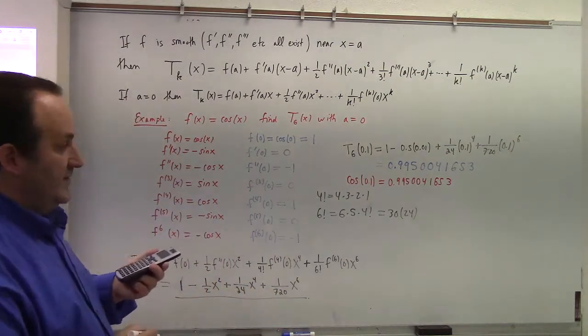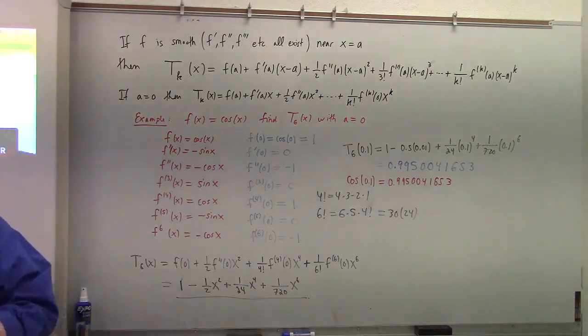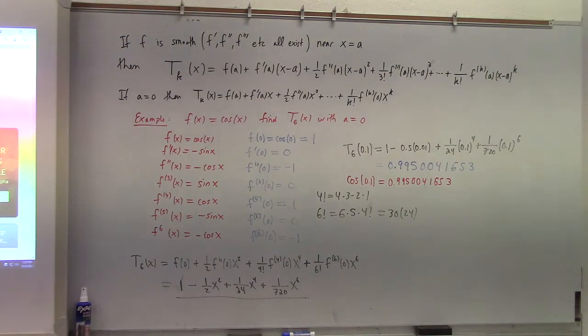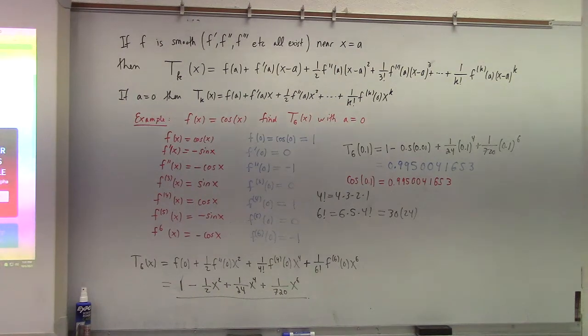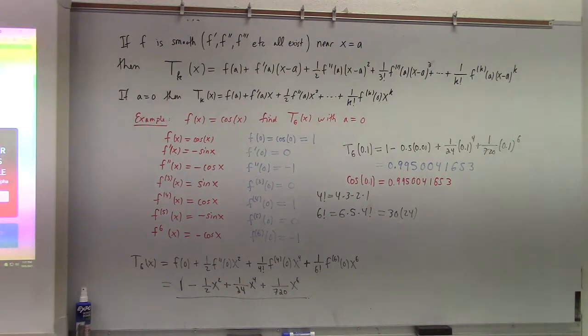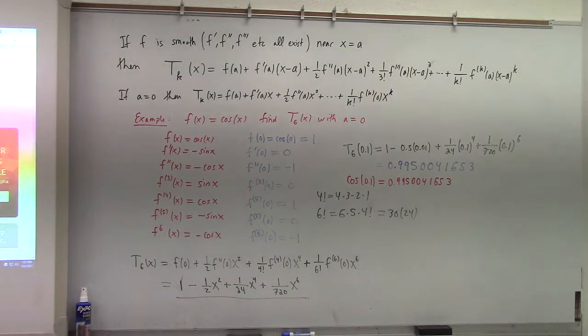Wow. So to the limits of my calculator's accuracy, the sixth order approximation for cosine exactly reproduces the value of cosine as produced by the calculator. That's how good this approximation is, because we're pretty close to its center, right? If we didn't have the sixth order piece and we just used up to the fourth order, we'd have some error here.